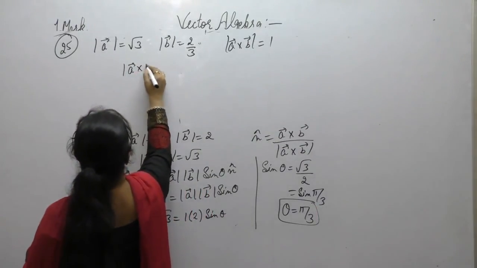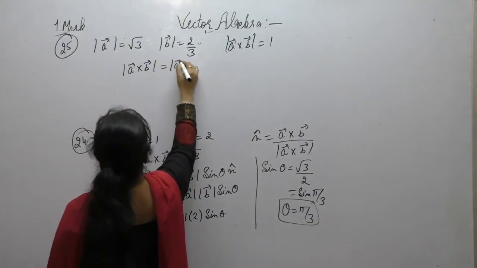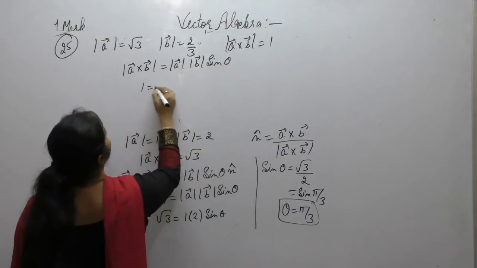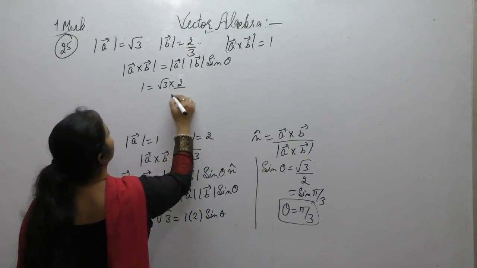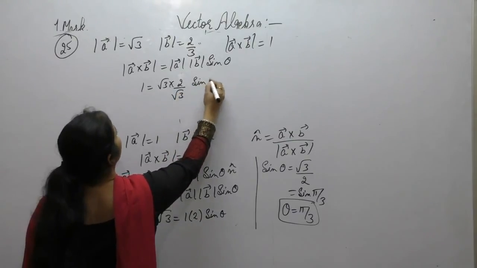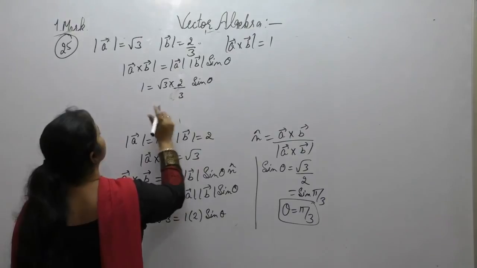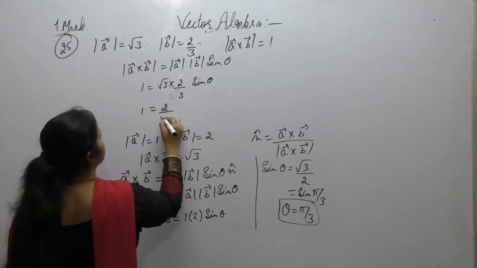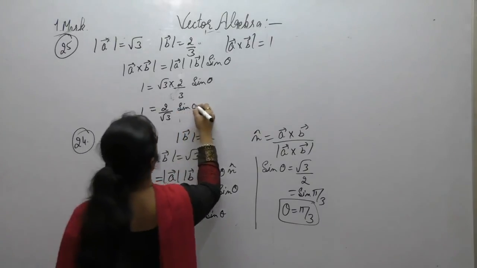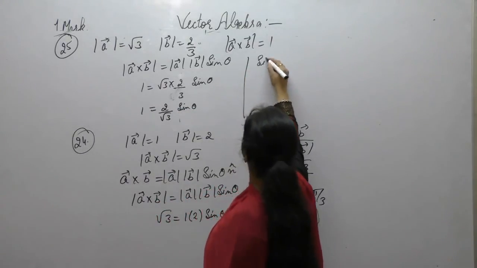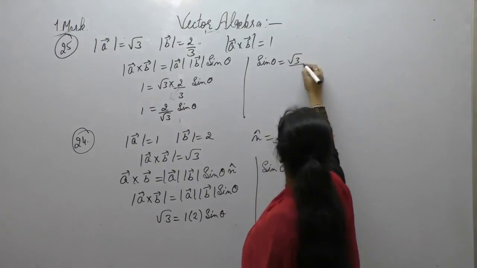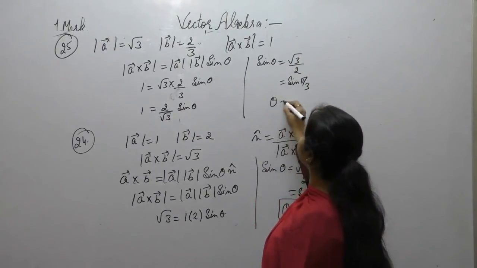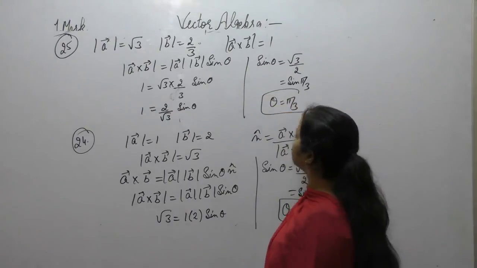Now apply this formula, modulus of A, modulus of B sin theta. 1 is square root of 3 into 2 upon square root of 3, so sin theta is square root of 3 by 2, that is sin 60 degree. So theta is pi by 3.